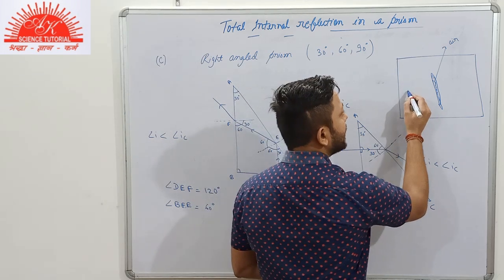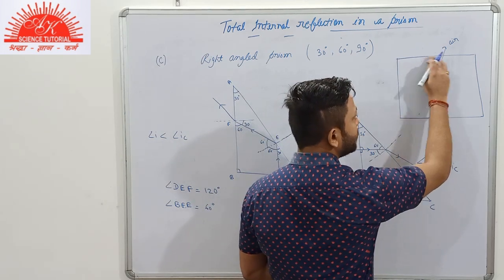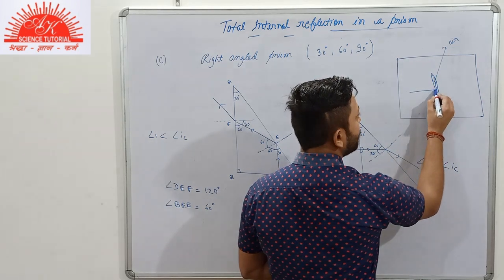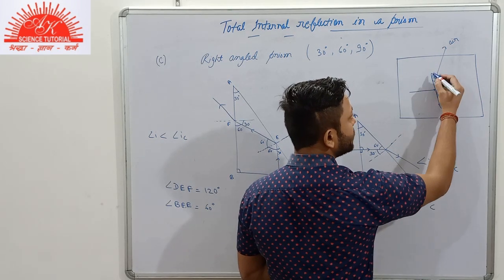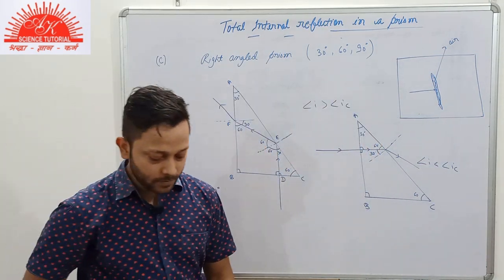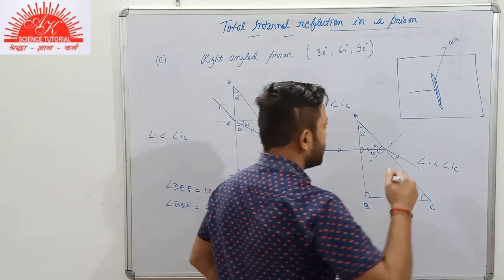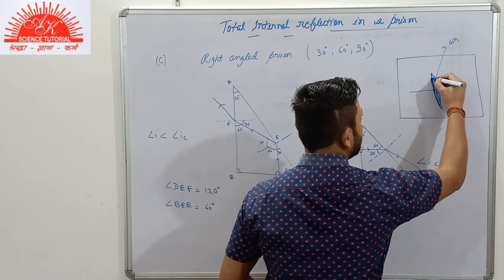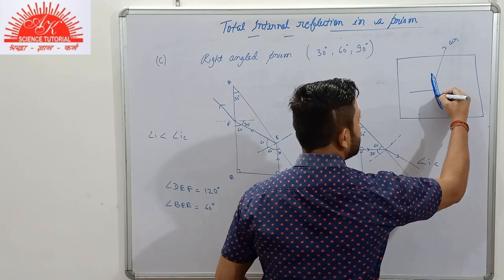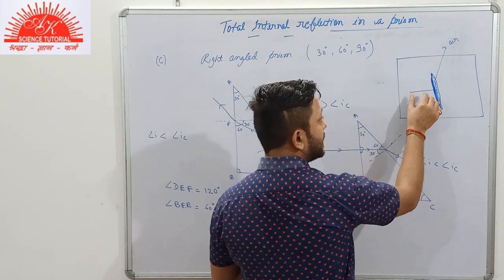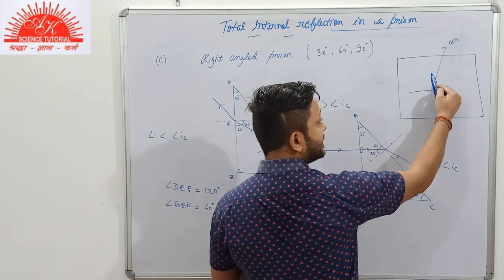Obviously this whole part is made up of glass. So now the light ray has to travel from glass to air. This is our surface of separation. I'll make it bold. This surface is our surface of separation, separating both the mediums, glass and the air inside the crack.